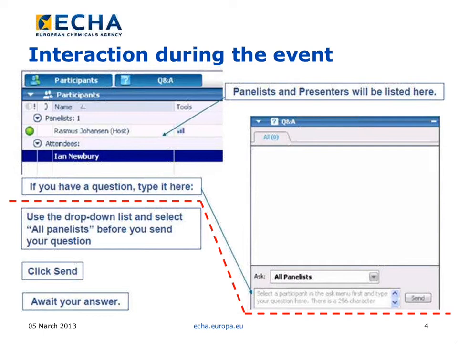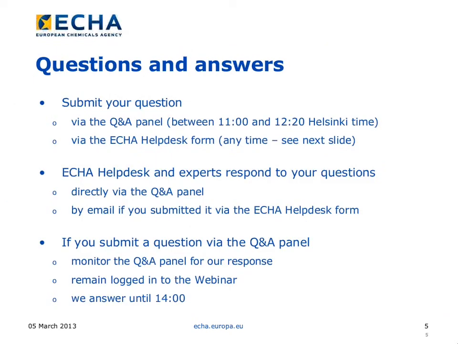If you click on that button, the Q&A panel will open, and there you can type any question you might have about the content of this webinar. When doing so, please make sure that you select all panelists. You type your question, which has to be a maximum of 256 characters, and then hit the button Send. Then we will reply to your question, so please wait for the answer.